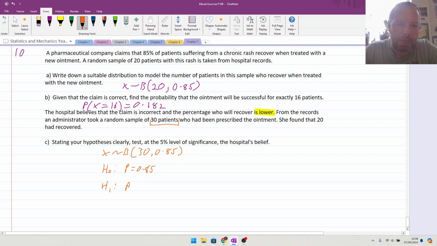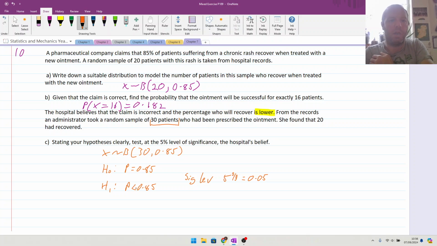The alternative is that it is lower, so the probability is less than 0.85. They want us to test this at a significance level of 5%, which of course is 0.05. It's lower than, which means it's a one-tailed test. Lower and greater than are one-tailed tests; not equal to is the two-tailed test.